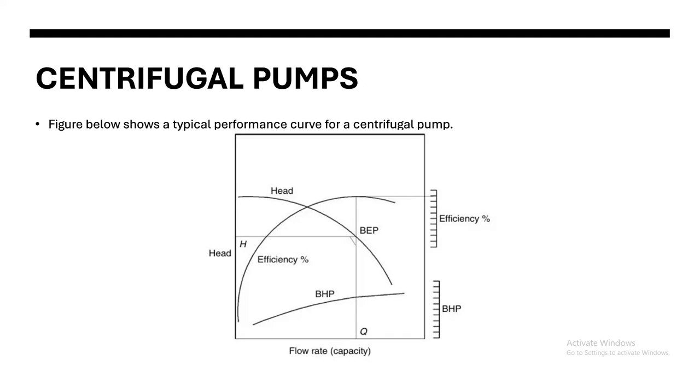This is the efficiency curve. We come down to the head versus capacity, which means a BEP will have so much head, so much flow rate. And also you can read your horsepower over the side. So this is a fundamental curve which every engineer should know, regardless of which type of engineer you are.